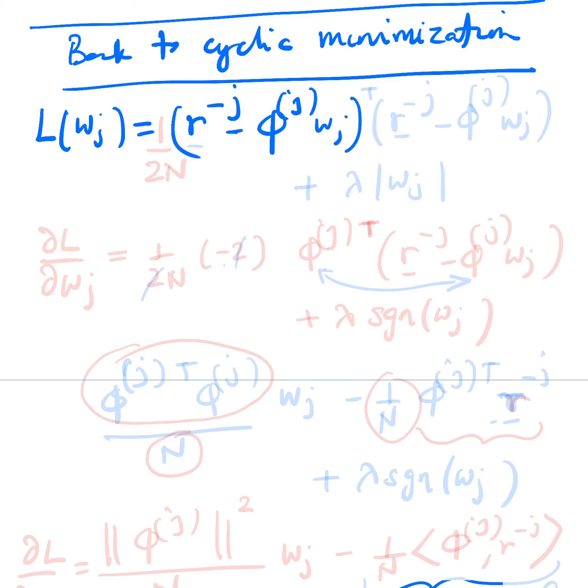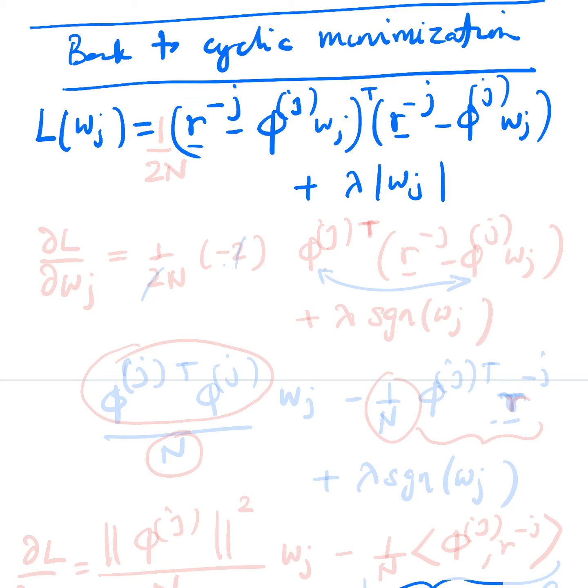So I have this transpose itself, r of minus j is the residual error, minus phi j wj, where phi j is the jth column of the feature matrix, and then plus lambda magnitude of wj. Looks very similar to the simple problem we just did. It's not exactly identical, but when we differentiate, we'll get something the same.